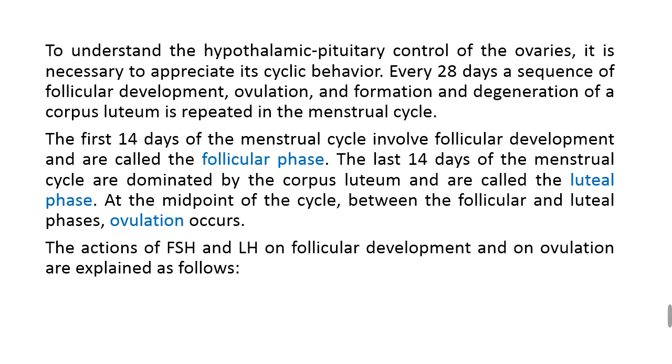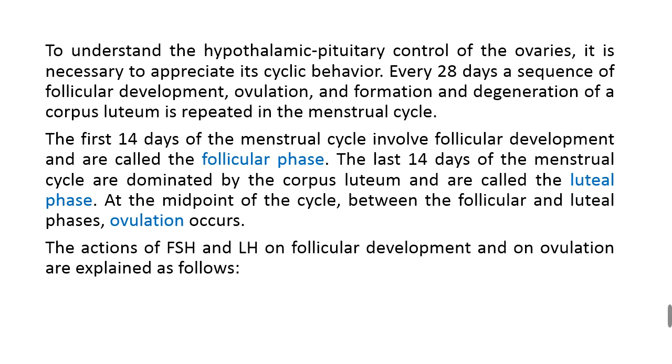This is called the follicular phase. The last 14 days of the menstrual cycle are dominated by the corpus luteum, and that is why they are called the luteal phase. At the midpoint of the cycle, between the follicular phase and the luteal phase, ovulation will occur at day 14 of the cycle.